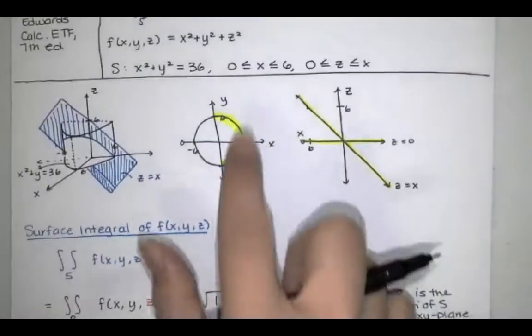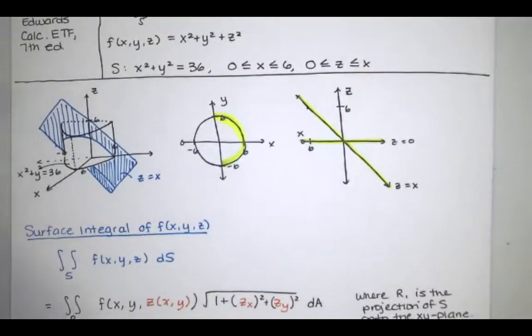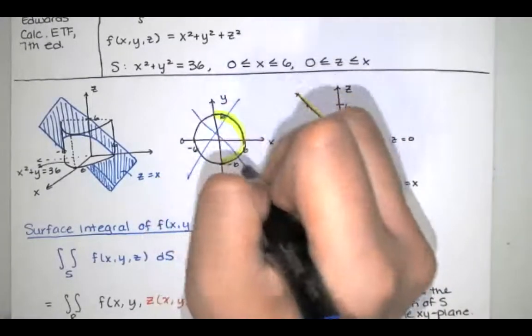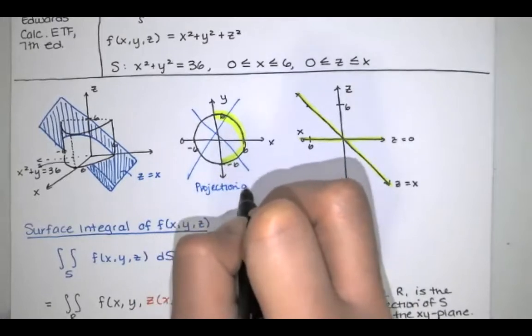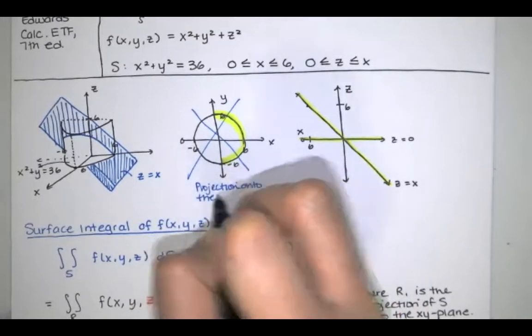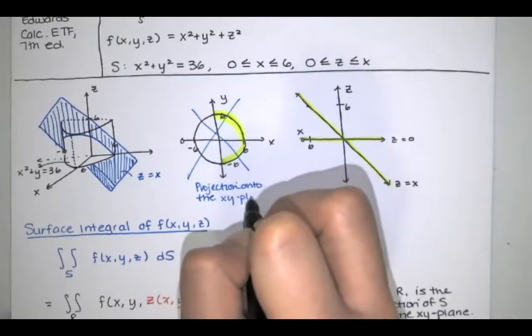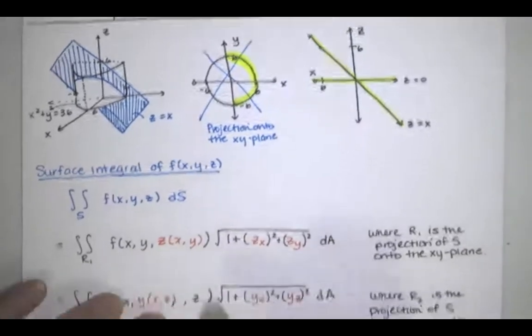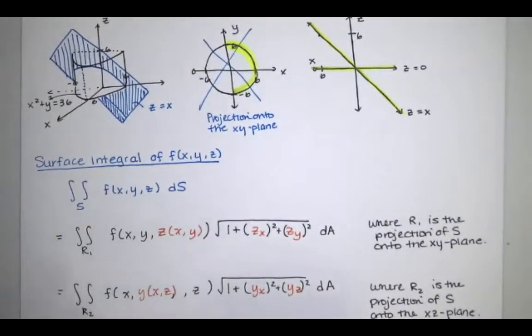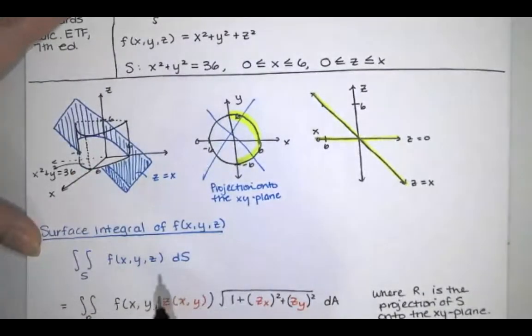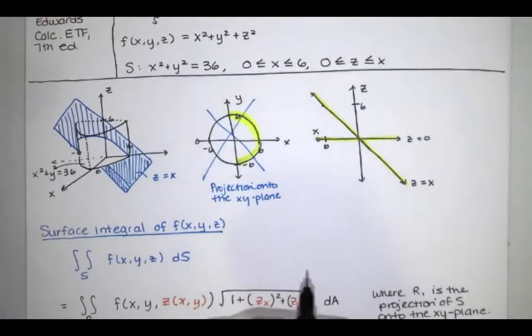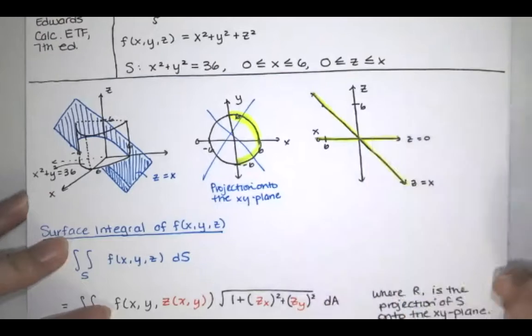Now the projection onto the XY plane is just a curve, so we don't want to do that. We want an actual region to integrate over. So we need to think about the projection of this onto the XZ plane or the YZ plane. And I'm actually really close to drawing that projection onto the XZ plane right here.